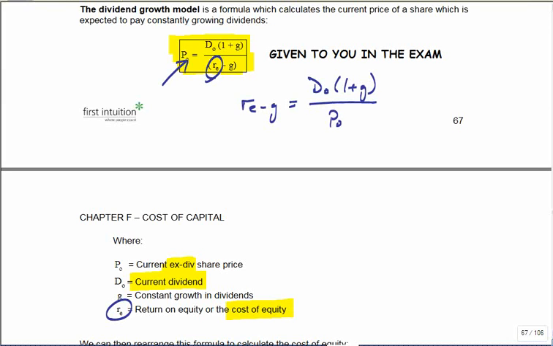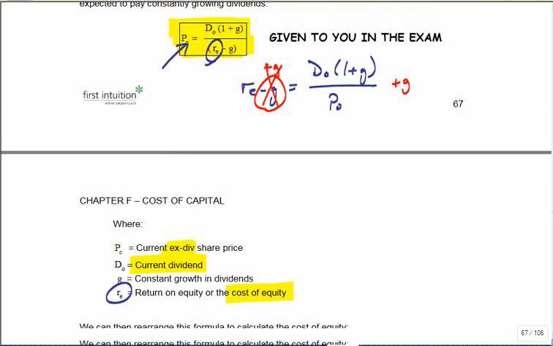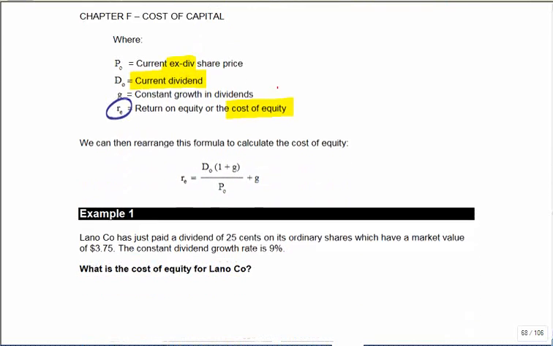Then what we need to do is get rid of the minus g on this side, and we can do that by adding g to both sides. Those g's then cancel out, and that leaves me with RE equals D0 times (1 plus g) over P0, plus g. And that's where I've got the formula from on the next page. I've just rearranged the formula that's on the formula sheet.